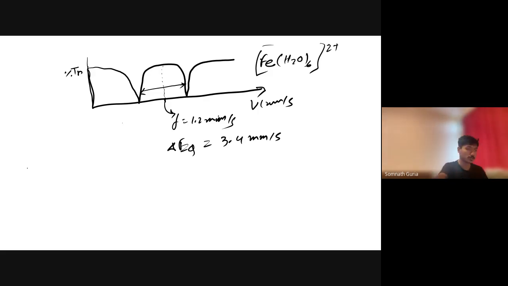Okay, now another example we talked about initially: hexacyanoferrous. Not cobalt, sorry, only iron we are talking about. Fe(CN)6 4 minus.